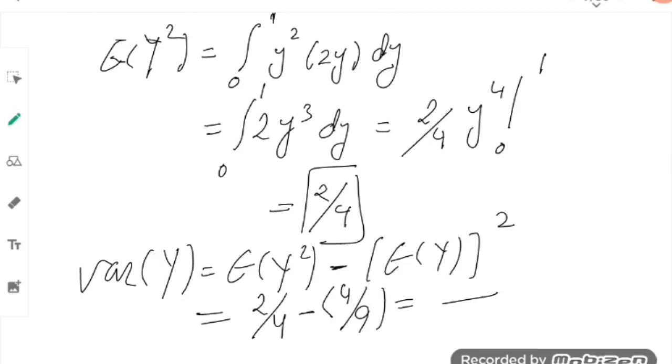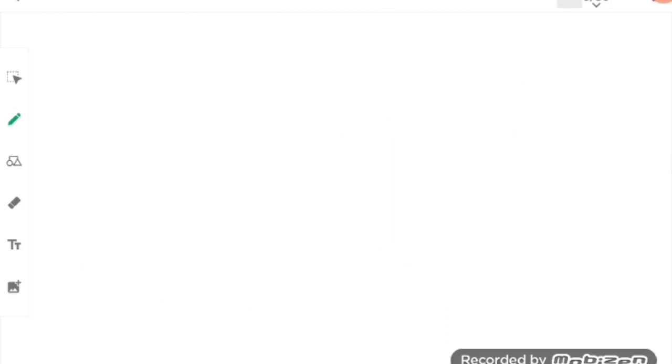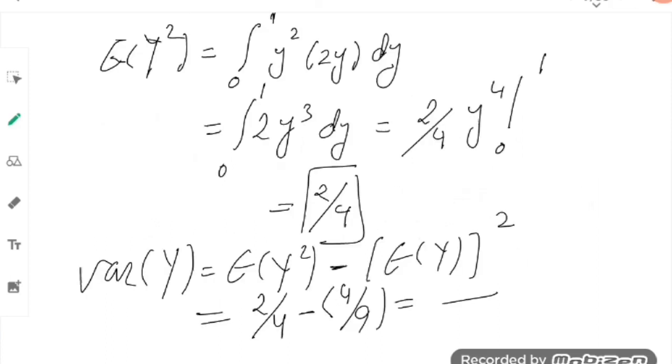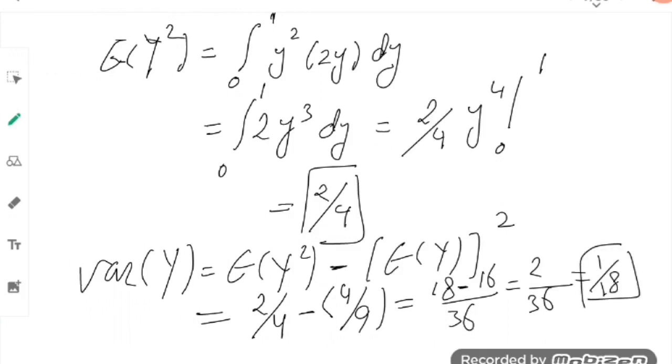Just to check the value. Yes, 2 divided by 3 squared is 4 divided by 9. Then this will be 9 times 2, which is 18, 18 minus 16, 2 divided by 36, which is 1 divided by 18. 1 divided by 18 is the variance of y.